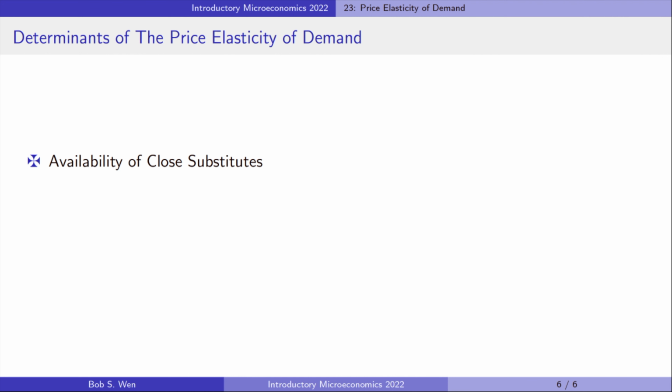First, if a good has closer substitutes, it has a higher price elasticity of demand because consumers respond to a slight price increase by switching to its substitutes and purchasing a lot less of the good. Second, necessities tend to have inelastic demands, whereas luxuries have elastic demands.